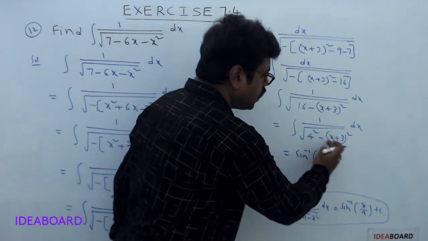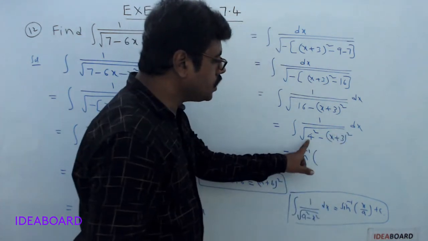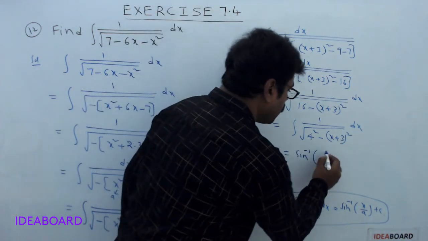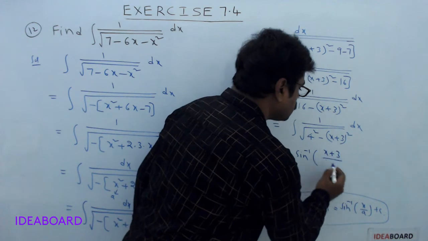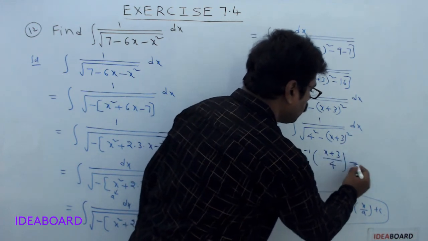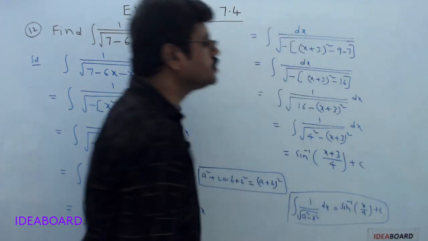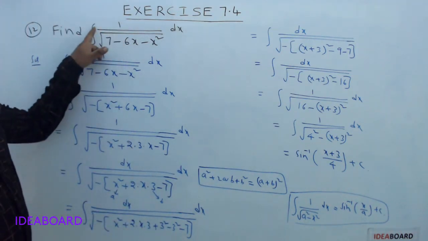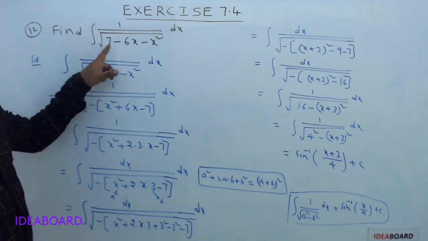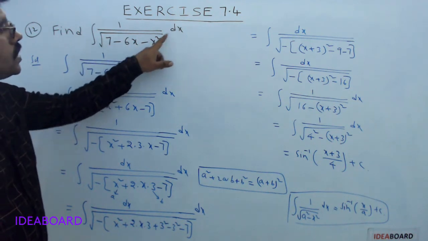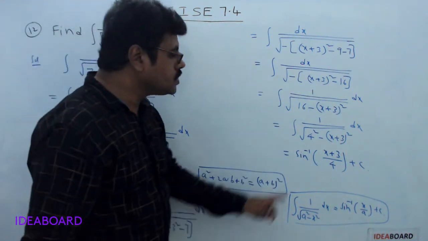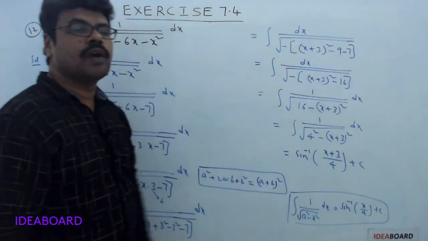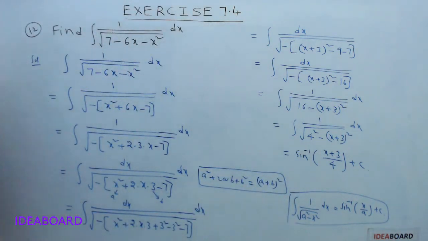Here x is nothing but x plus 3, a is 4. So sine inverse of x divided by a, that is x plus 3 divided by 4, plus some constant c. So therefore integral 1 divided by square root of 7 minus 6x minus x square dx equals sine inverse of x plus 3 divided by 4 plus some constant c.